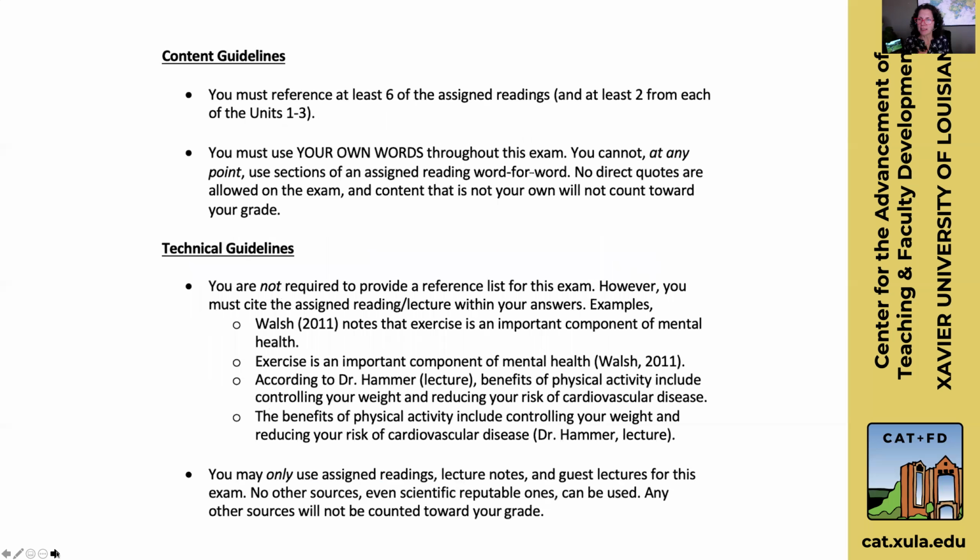I then gave them content guidelines and technical guidelines they had to use. And this is, again, now getting at the content that I wanted, that I was going to grade them on. I also gave them a rubric that matched these guidelines so they could see exactly where their grade was coming from. And they came up with some really good things.